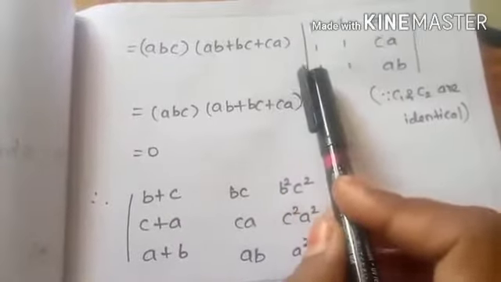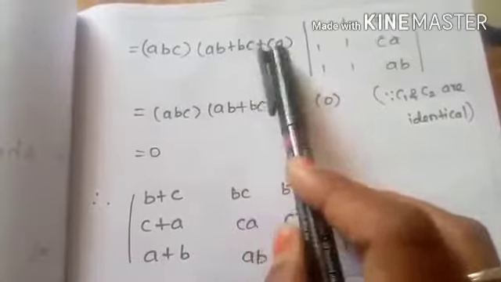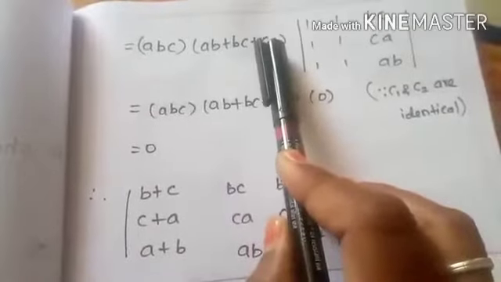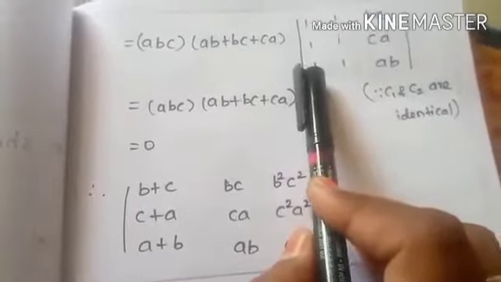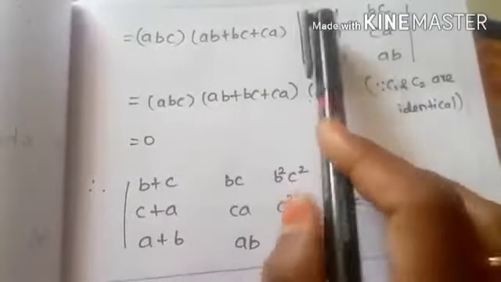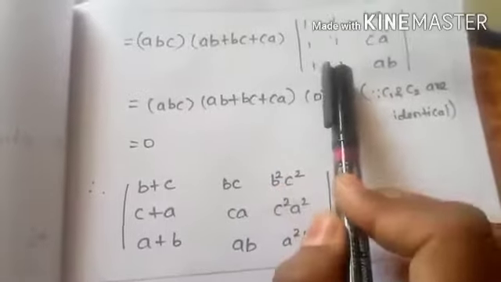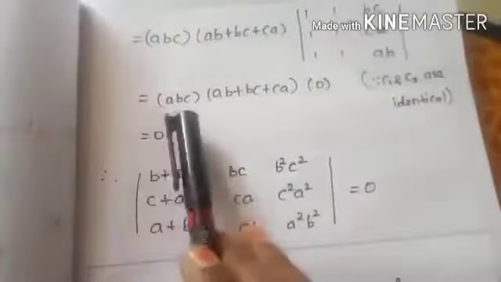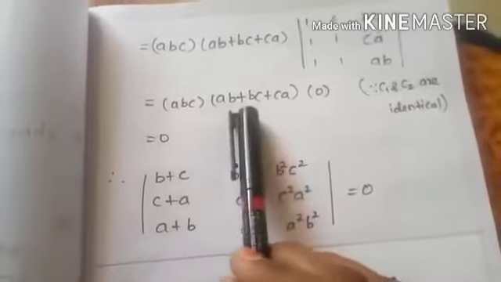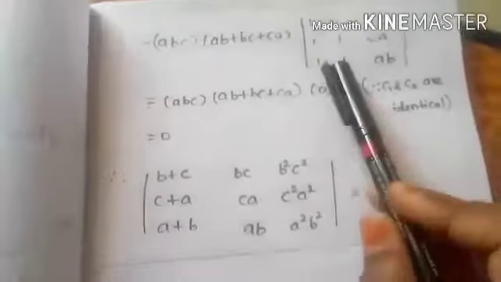The remaining is: first column C1 is 1, 1, 1; C2 as it is 1, 1, 1; C3 is bc, ca, ab.